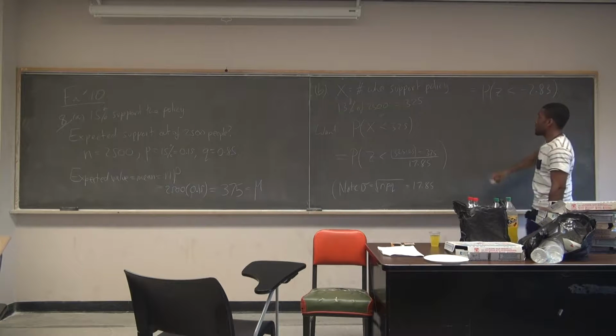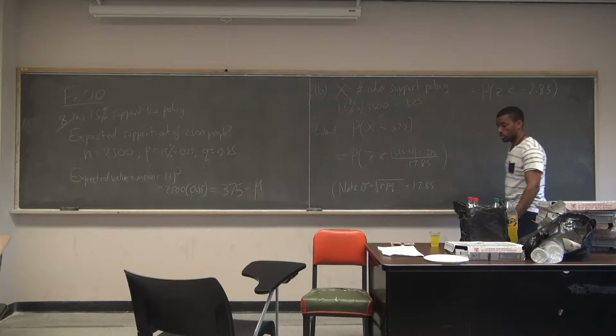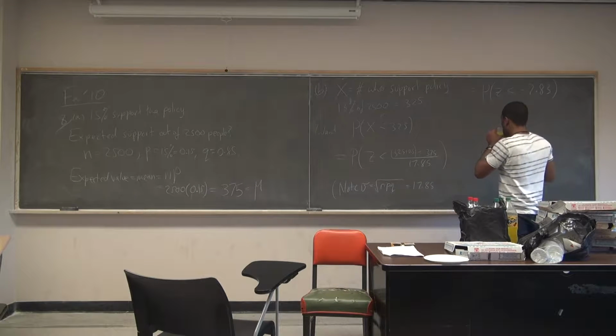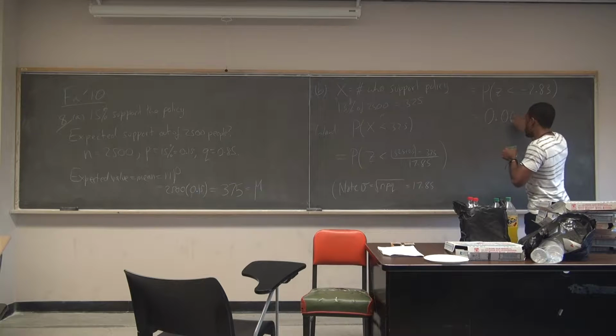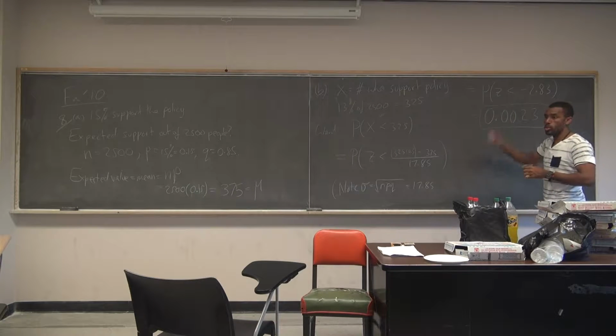So now we're going to look that up in the table. And what do we get? Negative 2.83 gives 0.0023. And that's your answer, because we're looking for less than, which the table already gives us.